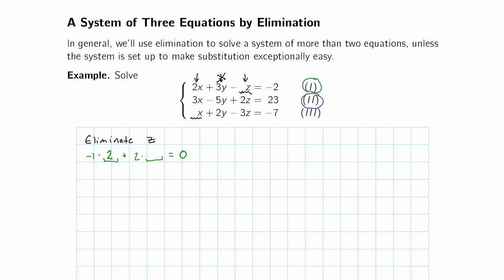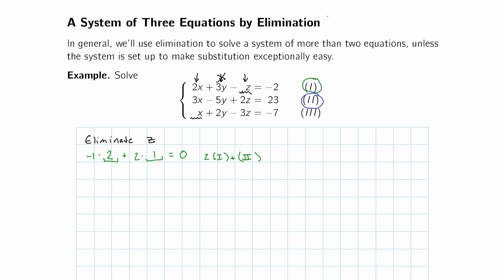Well, if I fill in a 2 here and a 1 here, that's going to work. So I want to take 2 times equation 1, and I'm going to add that to equation 2. That's how I'm going to write that. And I'm writing that down so that I remember what my plan is as I execute that plan.